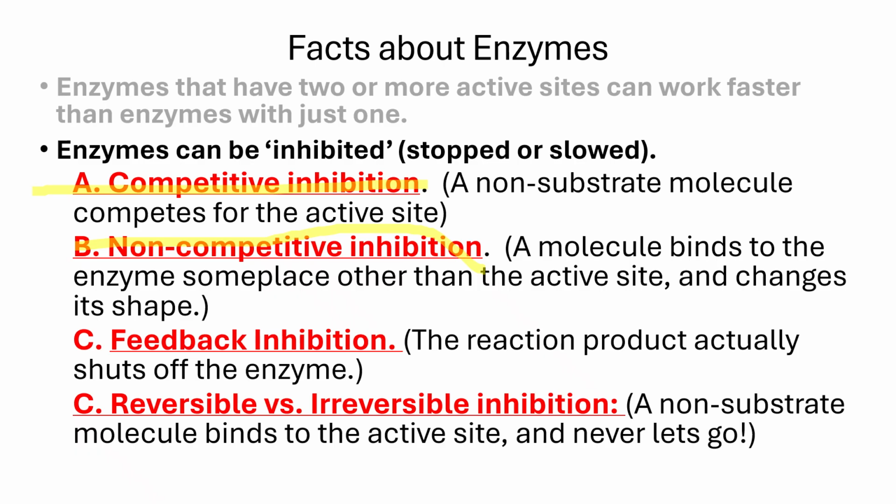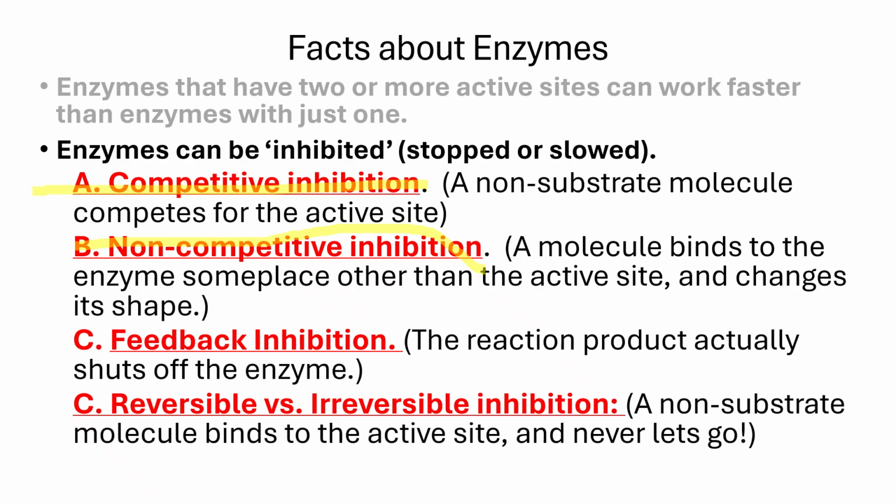Okay, so competitive inhibition is where you put your enzyme in with the substrate, but there's something else in there that will also fit into the active site, but it's not a substrate, right? So when you put that into the substrate, you're kind of wasting your time because you put a molecule into the substrate that can't be turned into the products you want, right?